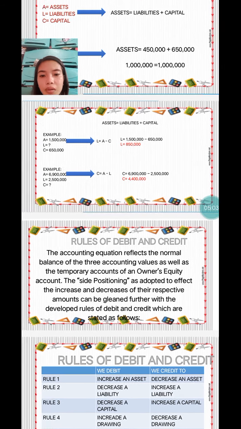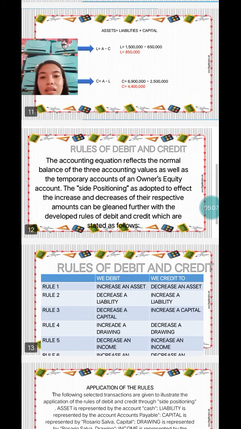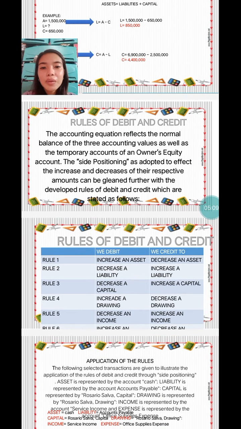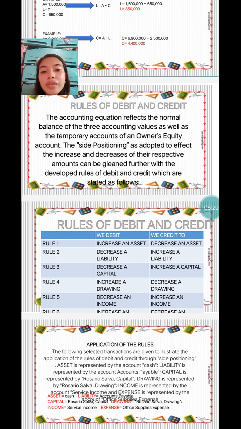We also discuss here what the rules of debit and credit are. The accounting equation reflects the normal balance of the three accounting values as well as the temporary accounts of an owner's equity account. The side positioning, as adapted to effect the increase and decrease of the respective amounts, can be gleaned further with the developed rules of debit and credit, which are stated as follows.